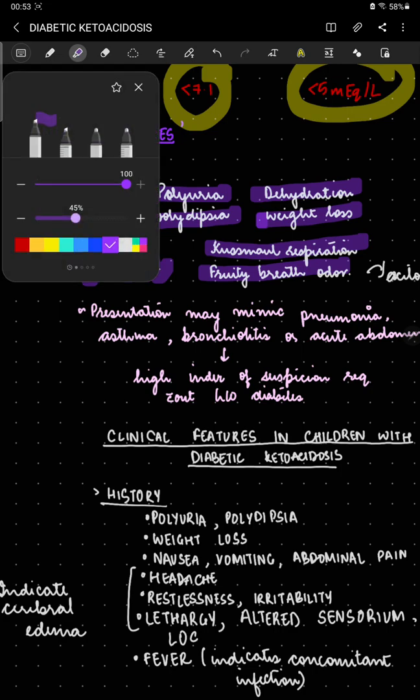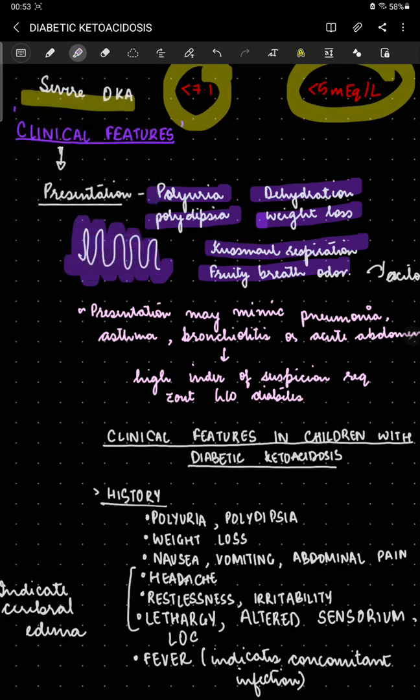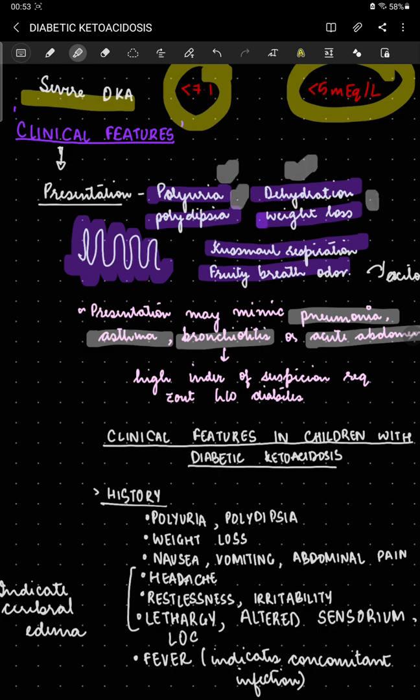So the child sometimes mimics that of pneumonia, asthma, bronchiolitis, or acute abdomen, but with typical history like this, there should be a high index of suspicion for diabetes.